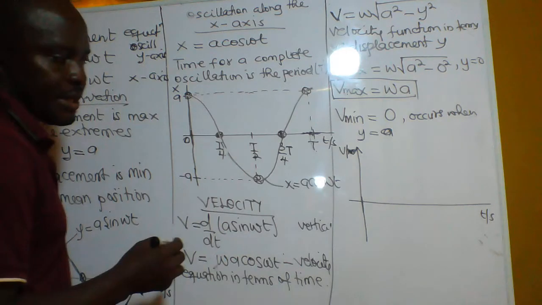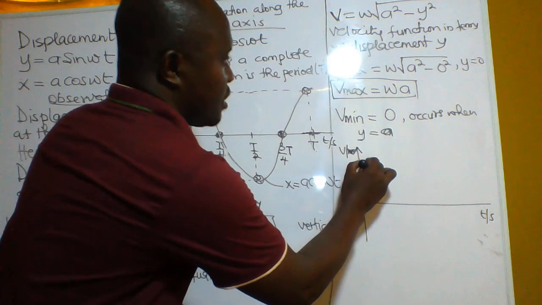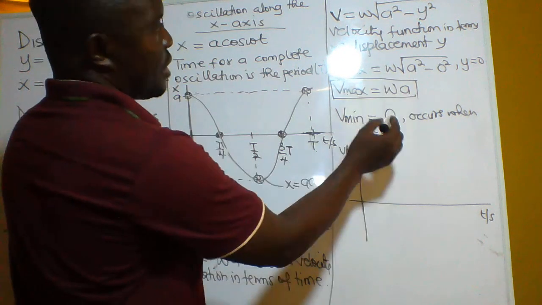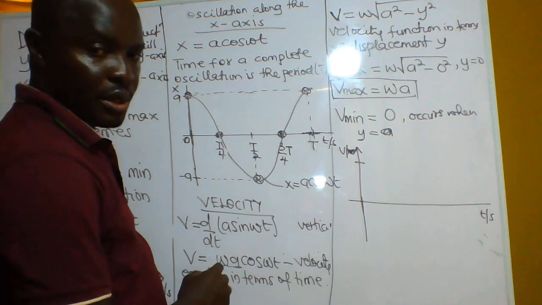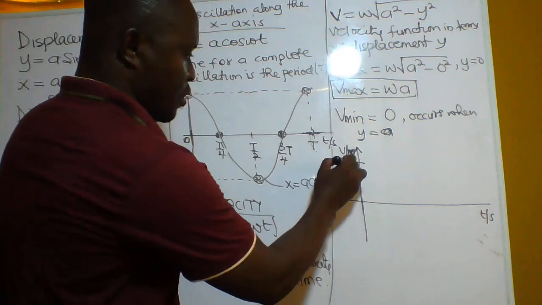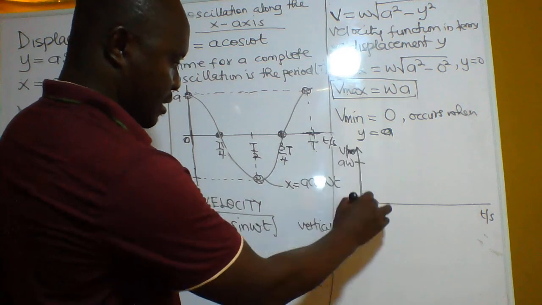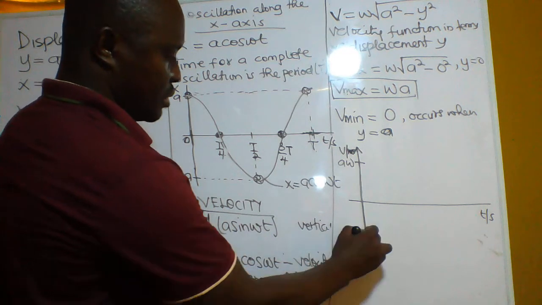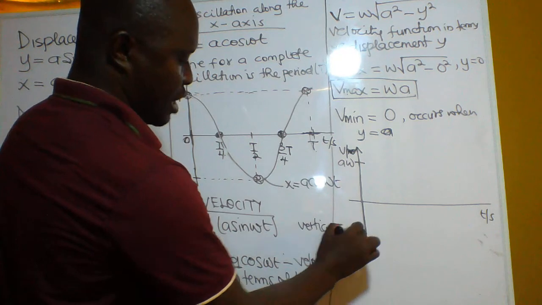All right. So this is the amplitude, omega A, or A omega. We'll have another amplitude down here, minus A omega.